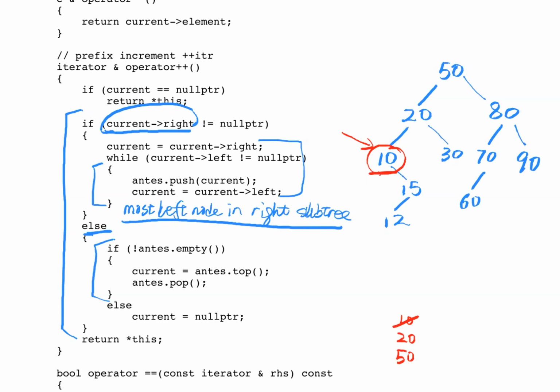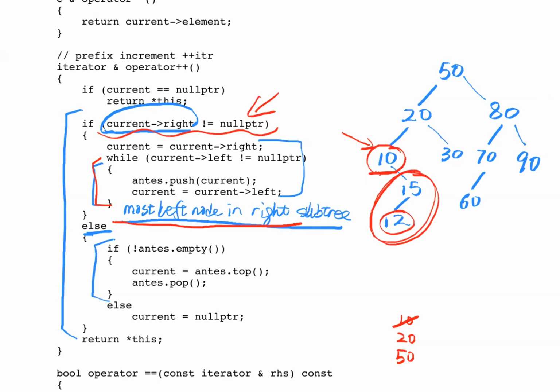Now, what is the next node after 10? The right subtree of 10 is not empty, so we go here and use a while loop to find the most left node in 10's right subtree. Its most left node is 12.